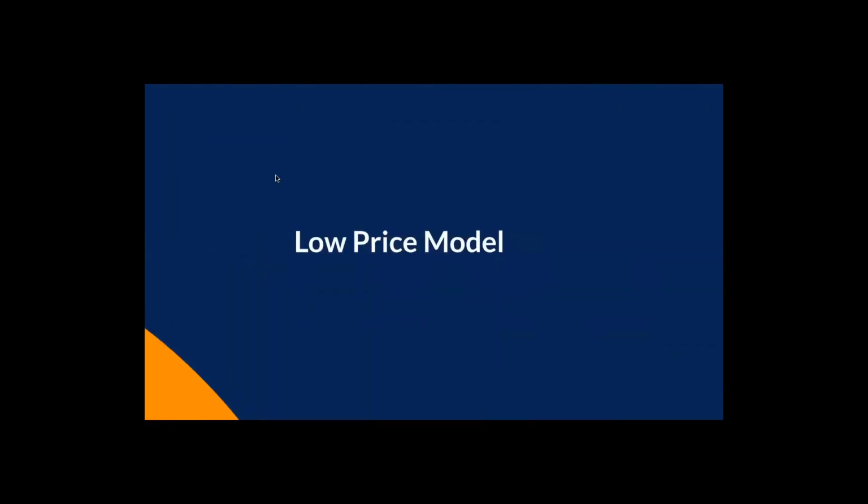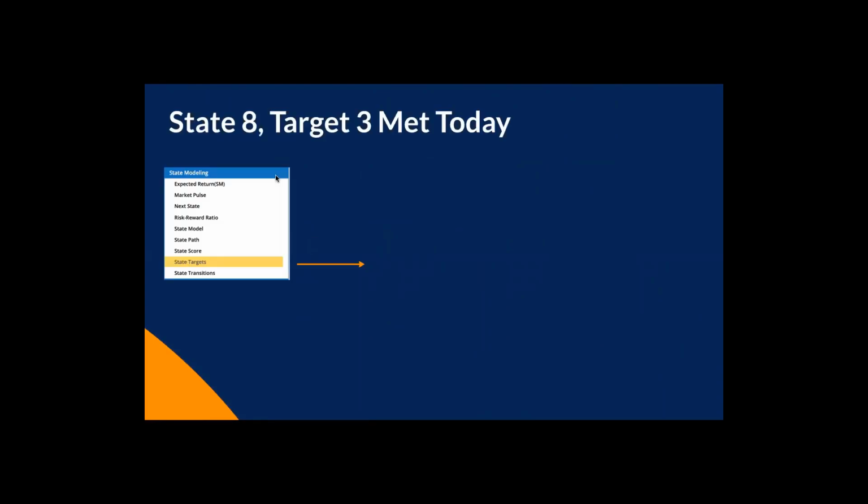That's why the model has 4 options, 4 different models. So if you look at this low price model, how to look at this one? In the custom screener, you just have to go to state 8.